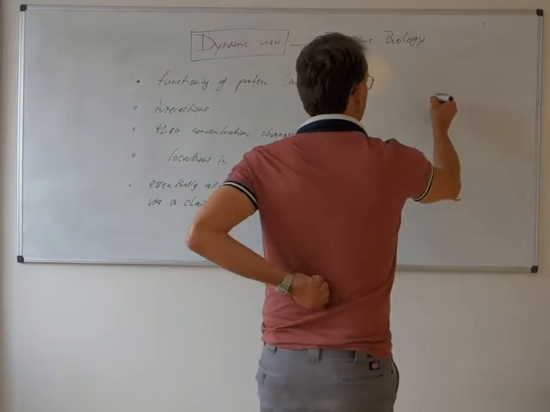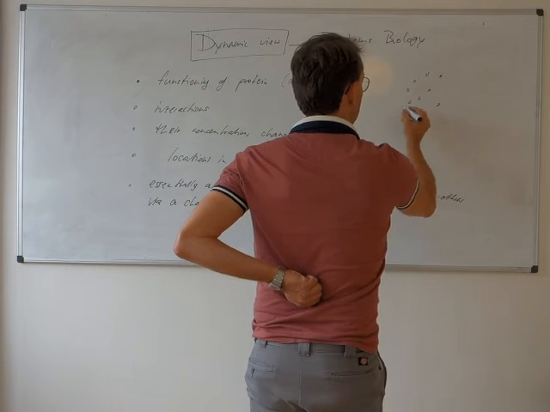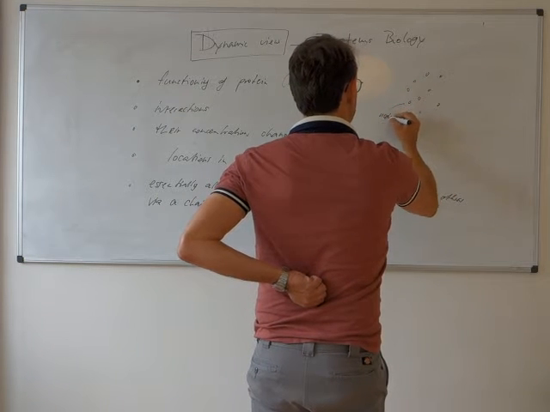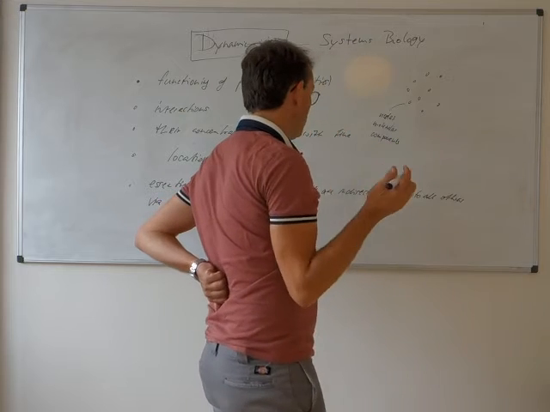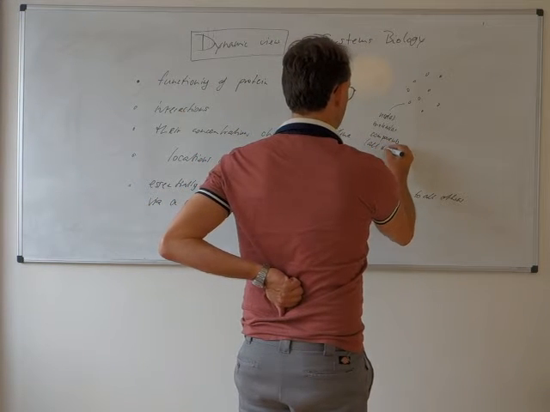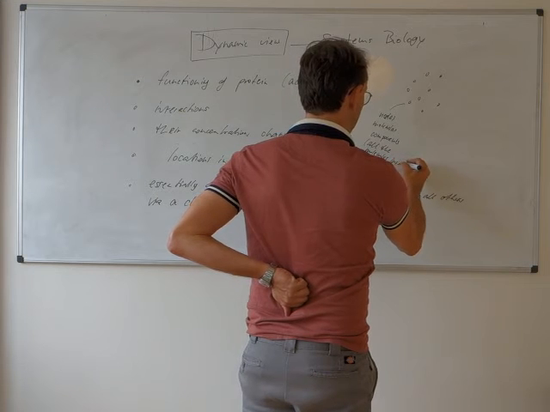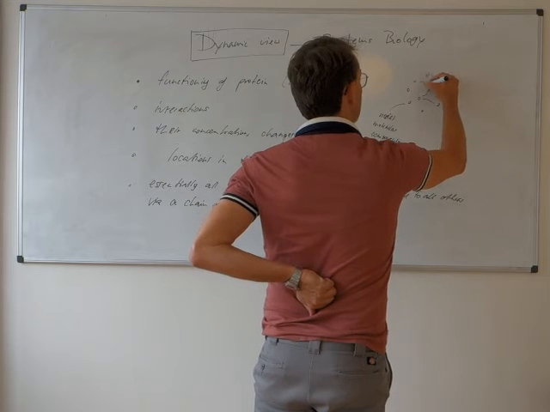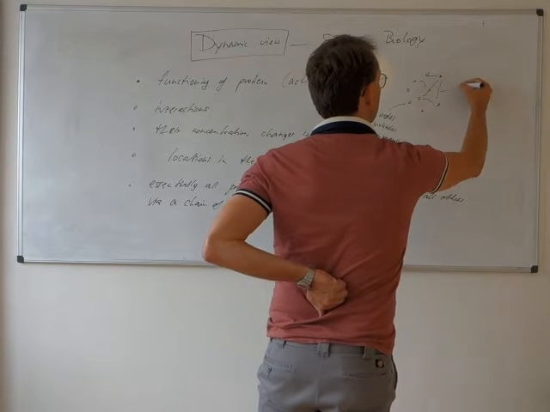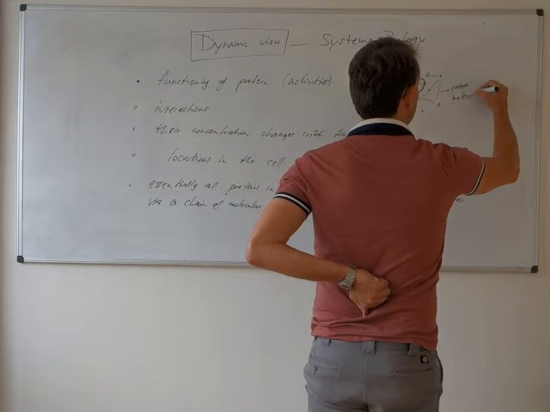And what is this network? So the network is composed of molecular components, so the nodes are molecular components. So all the molecules inside the cell, and the interactions are the edges, are molecular interactions.